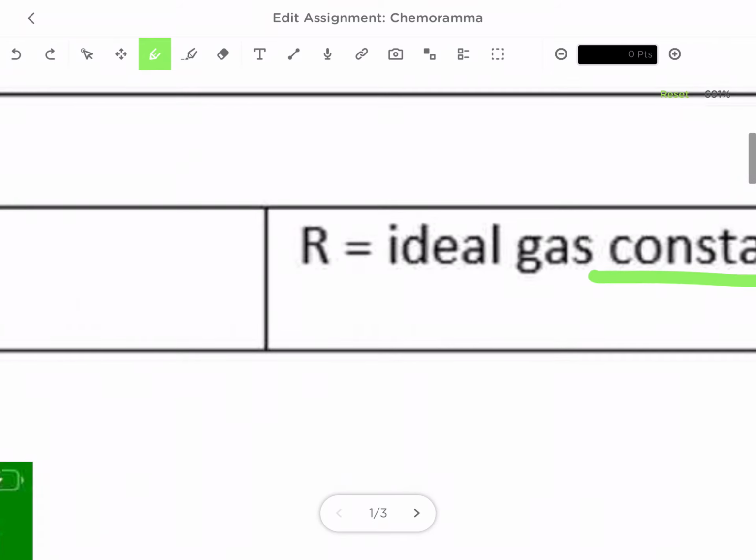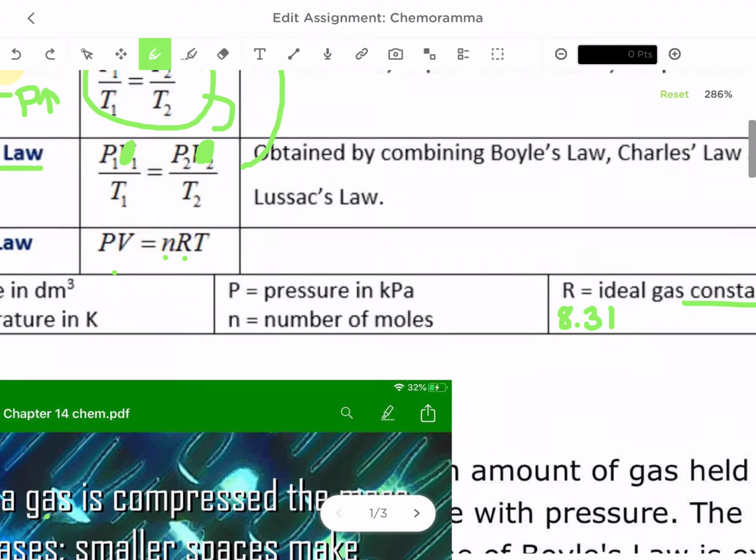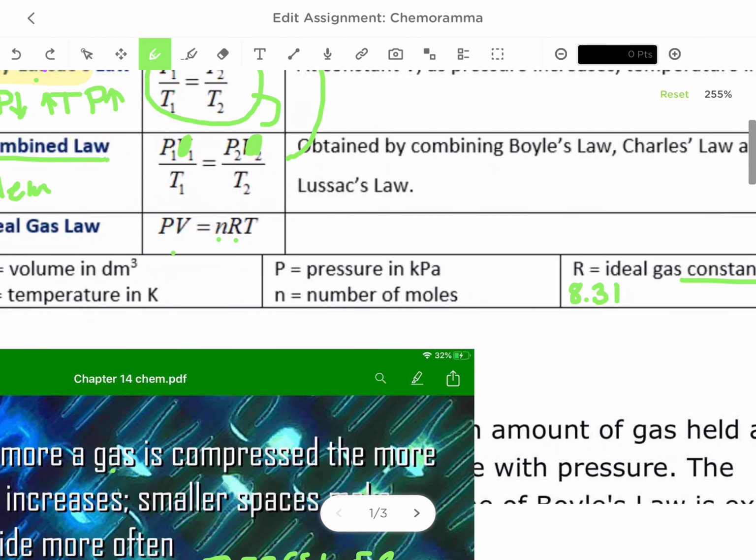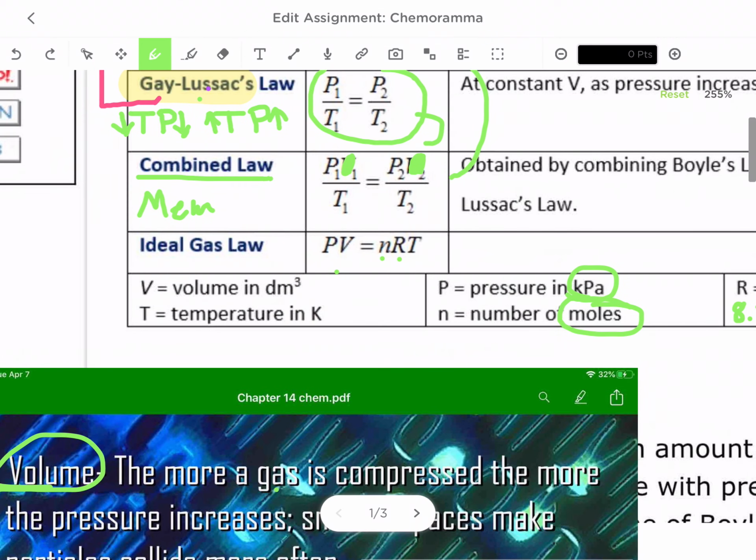So R is 8.31 as long as your pressure is in kPa, your N is in moles, your volume is in liters, and your temperature is in Kelvin.